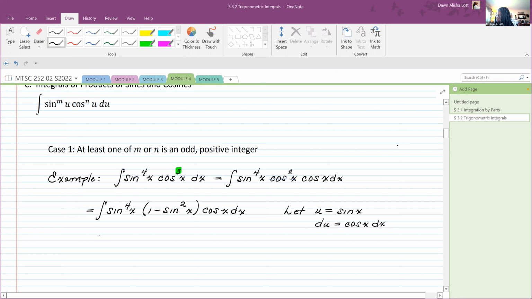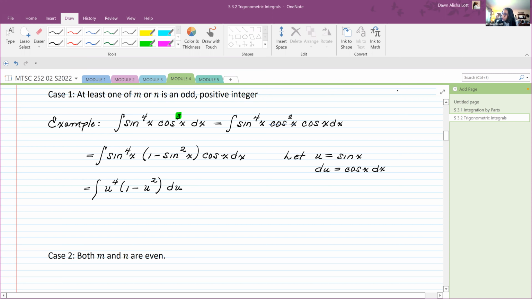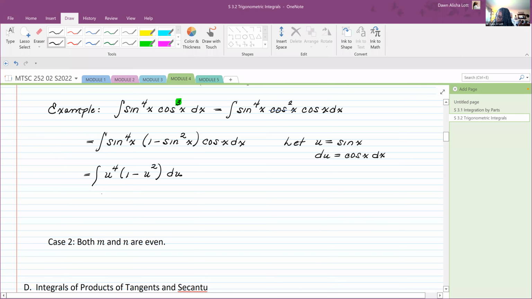So this is the integral. Sine to the 4th becomes u to the 4th, 1 minus u squared, and cosine x dx becomes du. Perfect, beautiful transformation. So this is the integral of u to the 4th minus u to the 6th du.